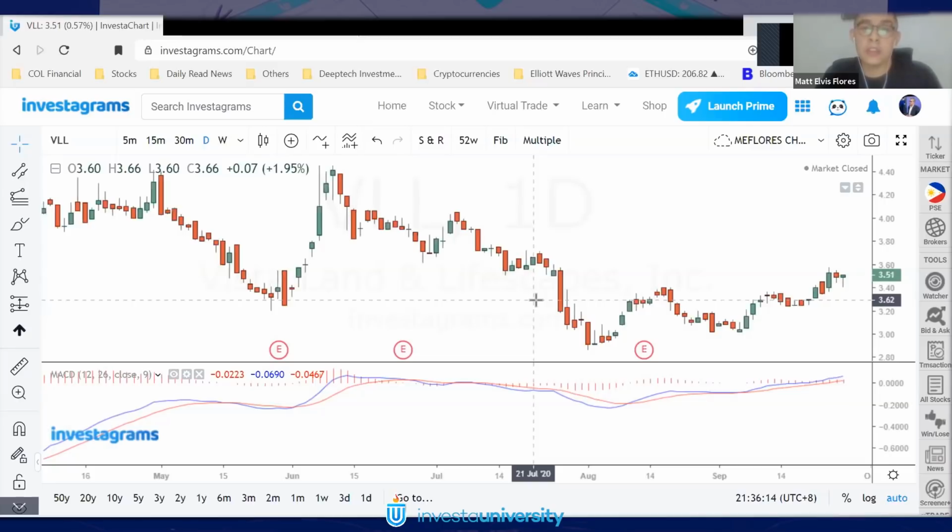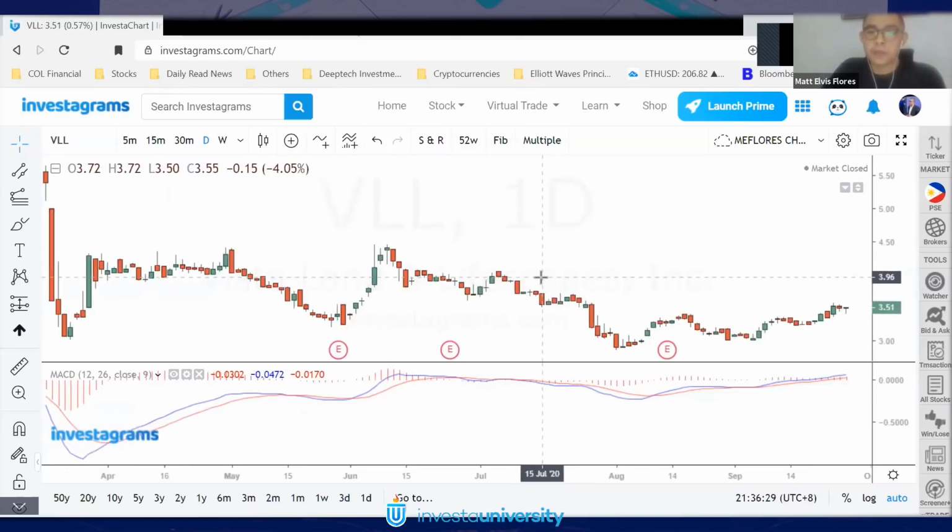Meaning hindi tayo magte-trade using 1 hour, 30 minutes, 15, 5 minutes kasi hindi siya effective, 'di ba? Mas effective yung MACD if we're just using it on the daily or weekly time frame. Okay? So again, going back, ginagamit natin yung MACD, number one, crossover. Okay? So let's just focus on crossover.